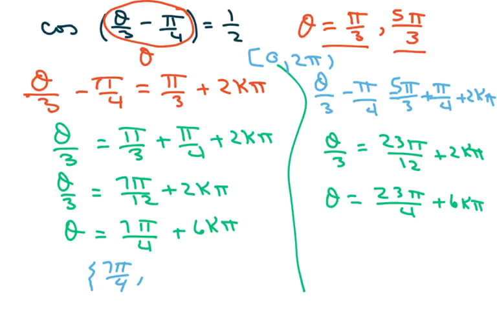If we put 0 here, this in itself is too big. So that cancels that out. Also, when you let k equals 1, just that in itself is bigger than 2 pi. So we only have one solution, and that is all.